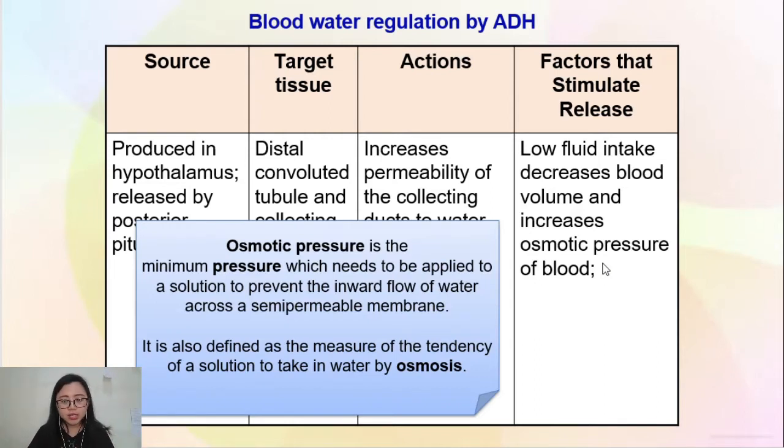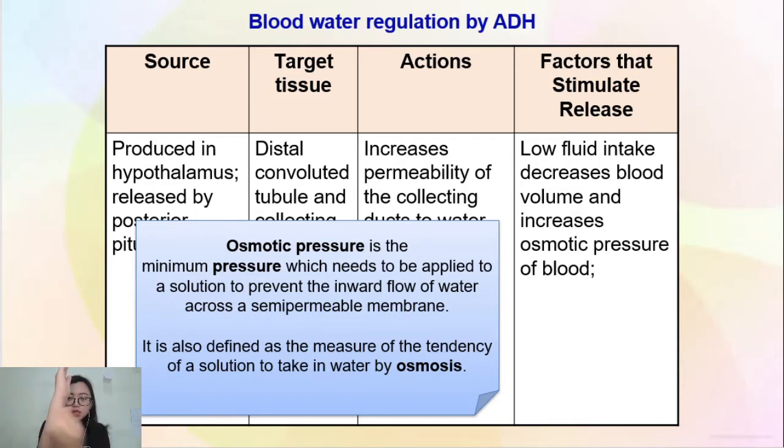Okay, if you are curious, this is what is meant by osmotic pressure. Kalau bingung pun, kalau bingung tidak apa, ignore. If you want to try to understand, you can try to understand this thing. Osmotic pressure is the minimum pressure which needs to be applied to a solution to prevent inward flow of water across a semi-permeable membrane. So, sepatutnya kalau air itu at normal osmotic pressure, maybe it goes this way. When you have increased osmotic pressure, ada kemungkinan air, rather than going this way, it's gonna go the other way.